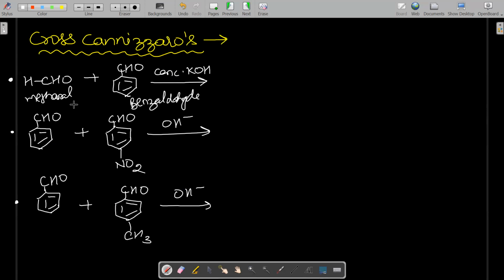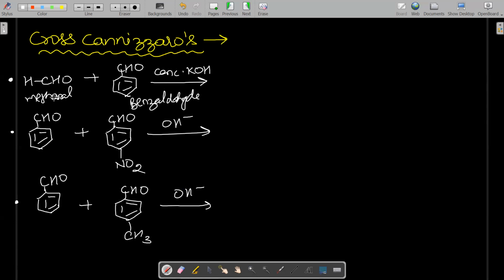Okay. In this cross-Cannizzaro reaction, now the question is: which molecule will be oxidized and which molecule will be reduced? Okay. So that molecule will be oxidized which is more reactive. Okay. And already we have discussed that aliphatic aldehyde is more reactive than aromatic aldehyde. And this is the reason the aliphatic aldehyde has more tendency to oxidize than aromatic aldehyde.